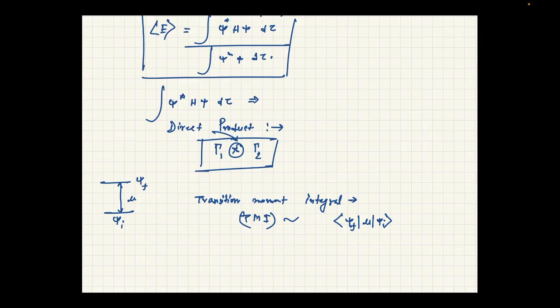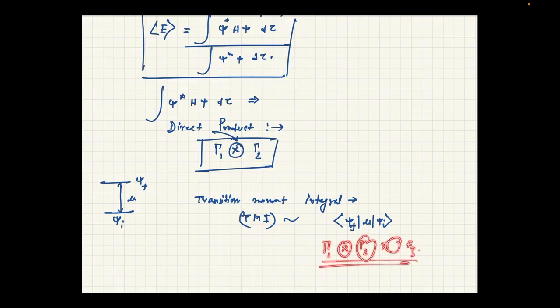Now this psi has certain symmetry, it acts as a basis function of some irreducible representation. Let's say this is gamma 1, and mu has certain symmetry, let's say gamma 2, and psi i acts as a basis for some irreducible representation, let's say gamma 3. So this integration means the direct product of gamma 1, gamma 2 and gamma 3.